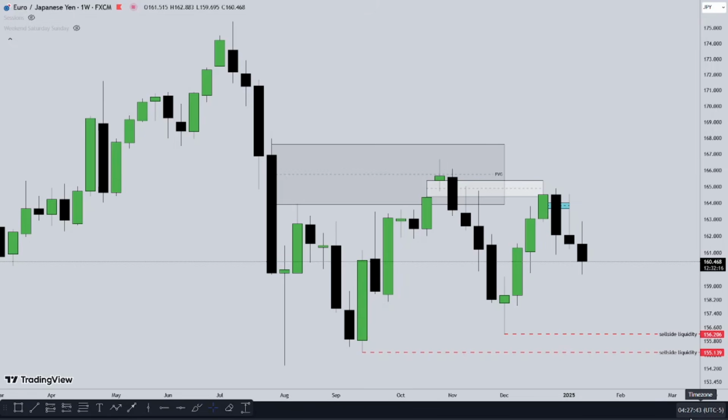If I'm trading the Euro JPY, I'll be paying attention to the London session and the Asian session, also the Tokyo session. Those are my two major sessions because I'm trading the Euro JPY, and those are the best times to trade this currency. Price will look to create the high of the day during the JPY pair.